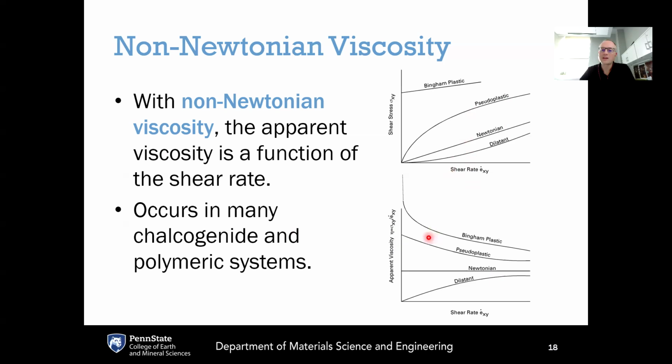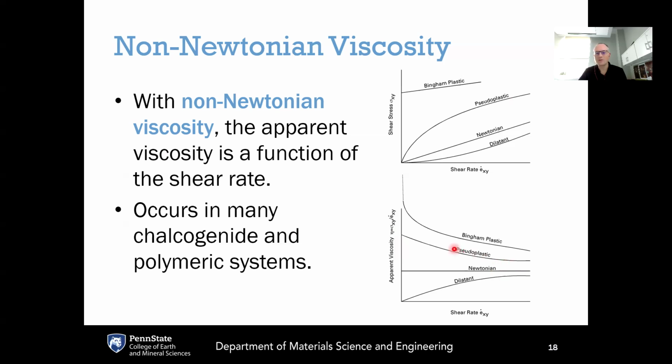In a pseudoplastic case, the apparent viscosity is decreasing with the strain rate. And the classic example of this is actually blood. So when your heart beats, this is increasing the amount of shear stress that actually causes alignment of the blood cells, which allows them to flow more easily through your arteries and veins.